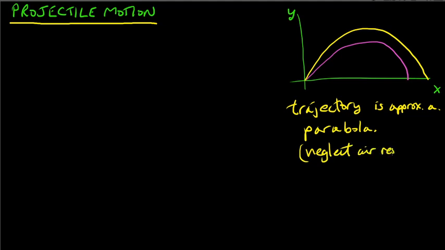And this is what you do in your basic physics course: neglect air resistance. Depending on where you take it and who you take it with, they might talk about what happens when you have air resistance, drag forces and things like that.